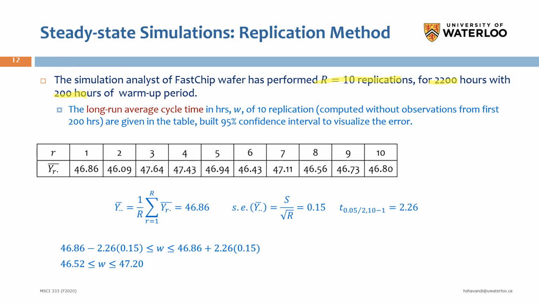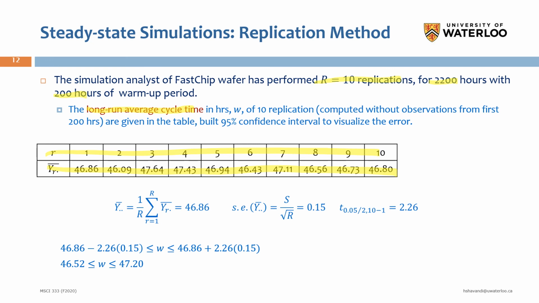Here we have the average for the long run cycle time for 10 replications after eliminating the warm-up period data. Now we want a 95% confidence interval.